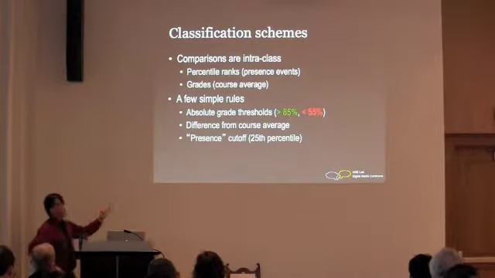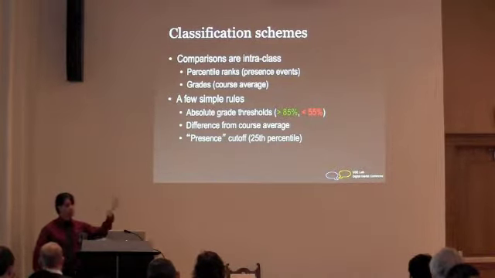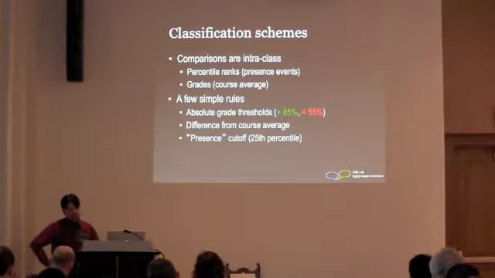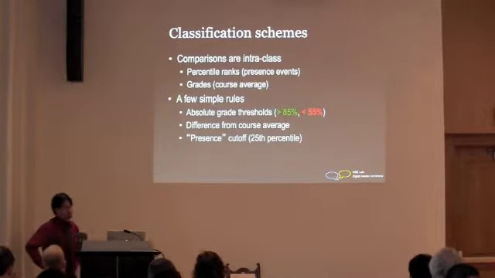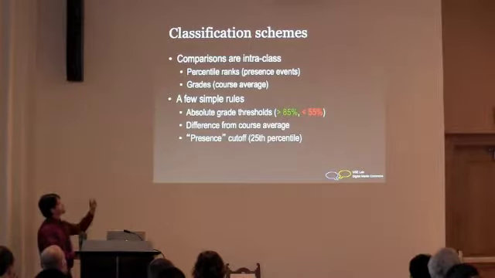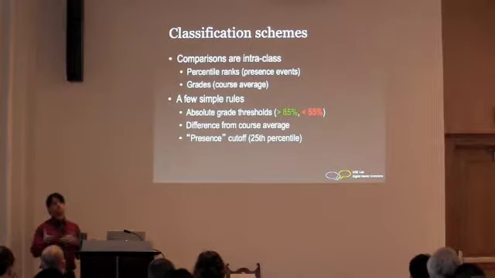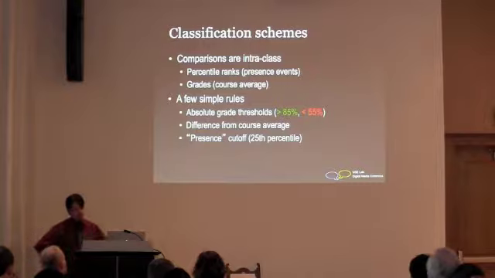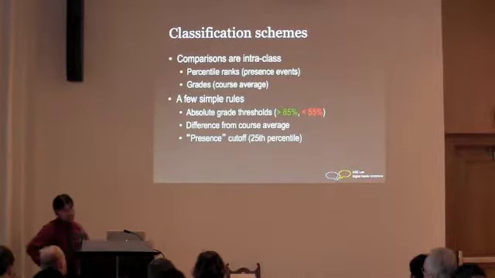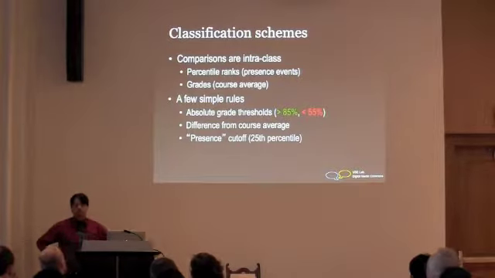The magnitude of the number of logins varies wildly across courses. So in order to come up with a composite measure that we could use for all courses, we compare individuals based on their percent rank in the class as far as their total logins. So it's always in comparison to their peers. And then the course average is another comparison method as well.